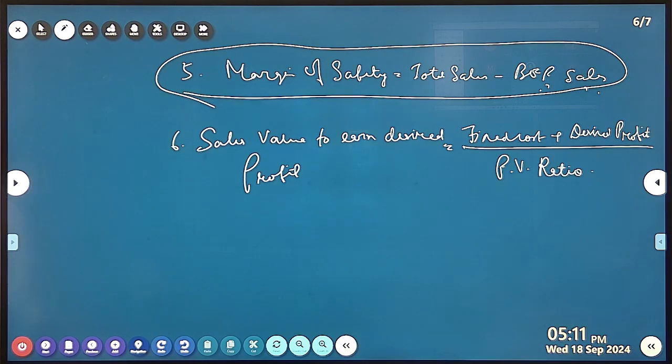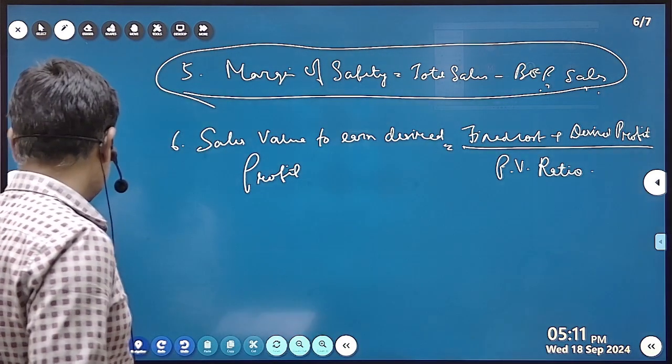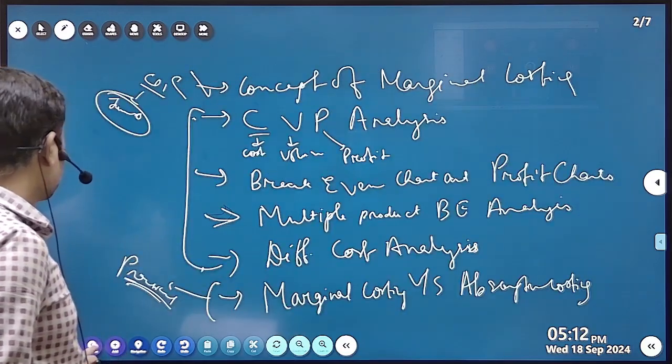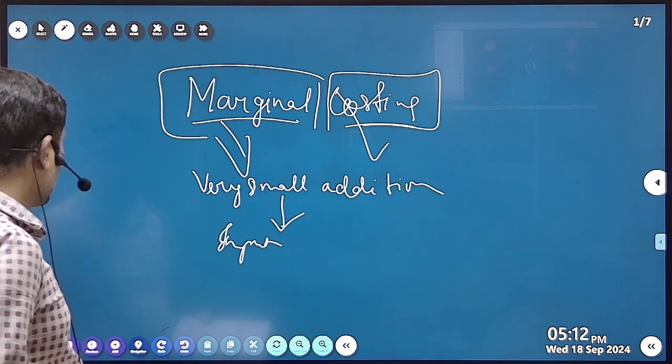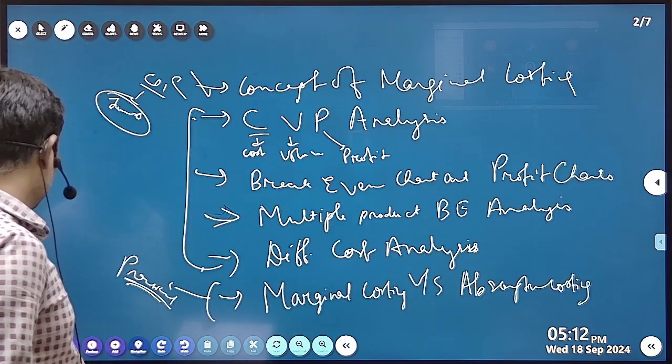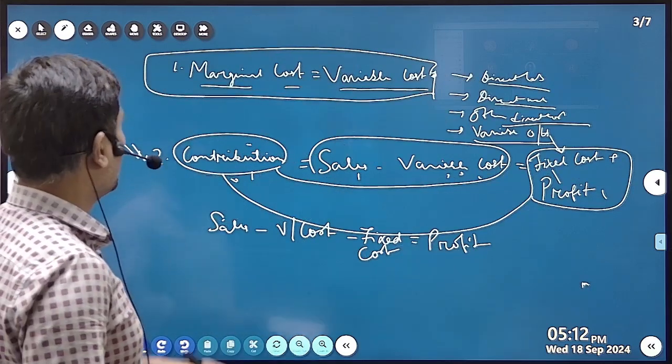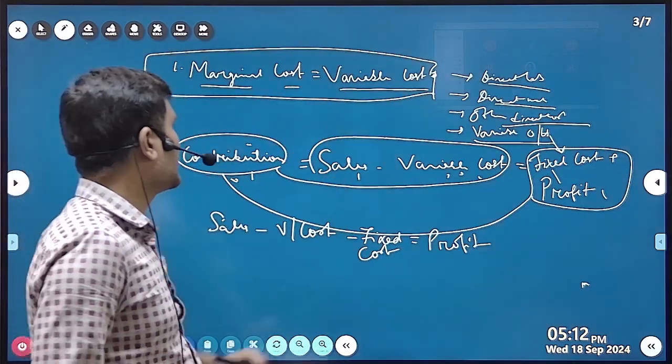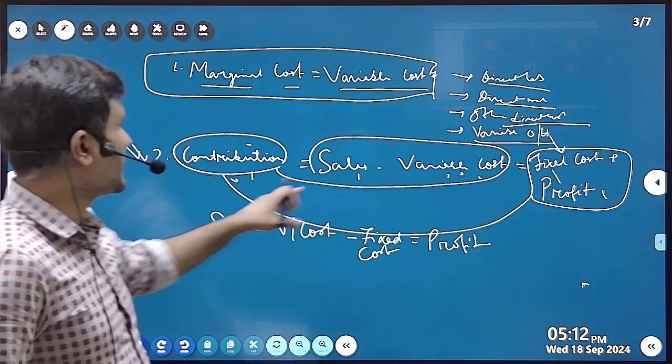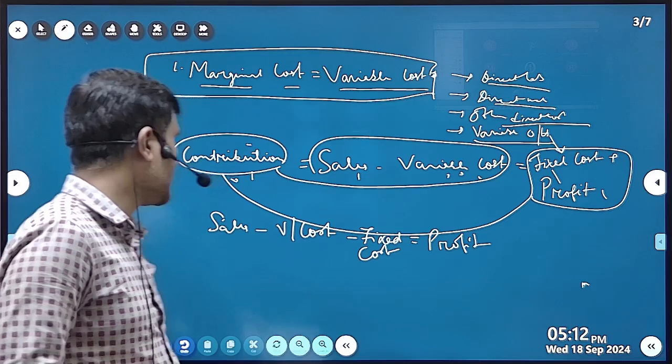First formula, marginal costing is equal to variable cost. Then contribution equal to sales minus variable cost equal to fixed cost plus profit.